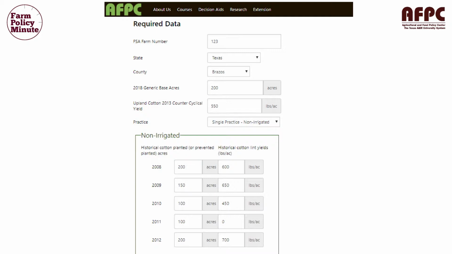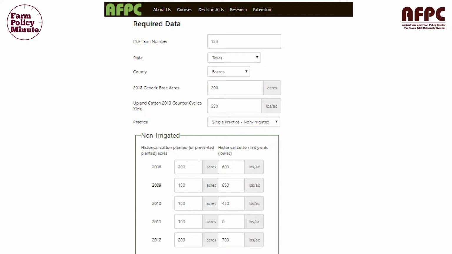For the example here today, we've just done a single practice non-irrigated cotton on this farm. That's a drop down, you click the little down arrow, and it allows you to choose which one it is. The only difference is, instead of having one box that says non-irrigated, if you had picked multi-practice, there'd be a box right next to it that said irrigated. You have to fill in the data for that.